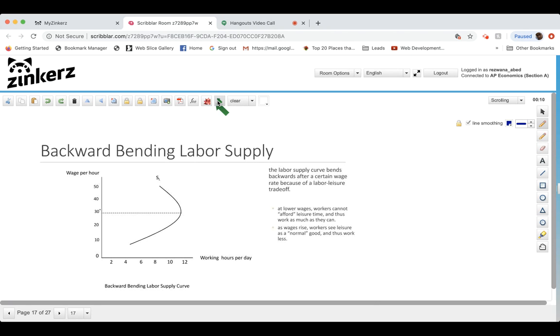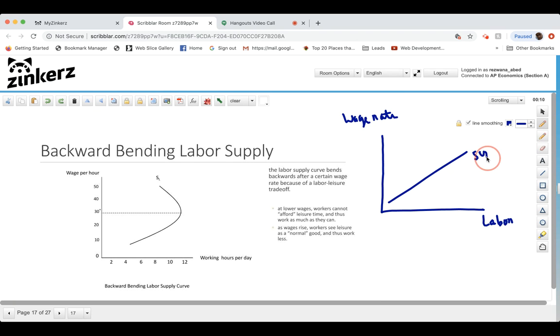So remember when we talked about the labor supply curve for an industry, what did that look like? It was upward sloping. Very good. So it was upward sloping, which means what? This is the supply of labor.